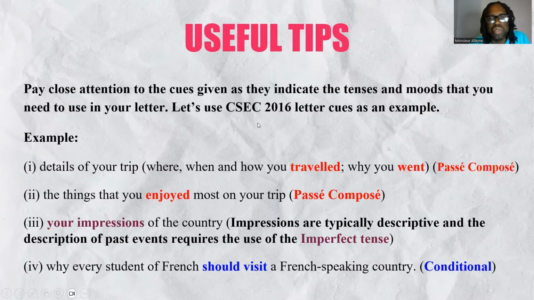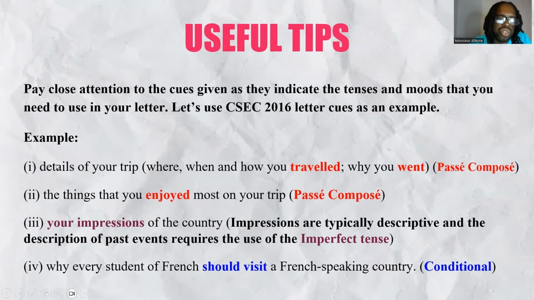Let's use CSEC 2016 letter cues as an example. So basically, now we're going to look at the cues from the 2016 past paper, to see how the cues can indicate the tenses and the moods that you need to use.